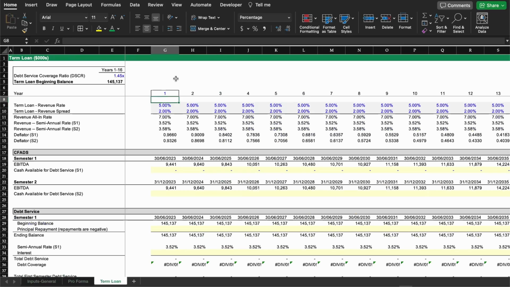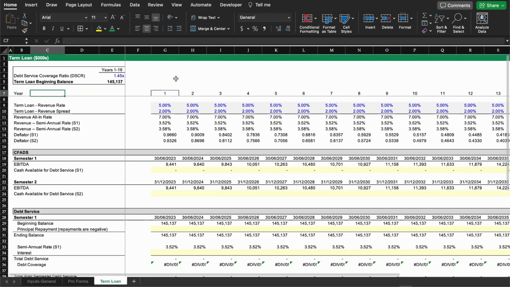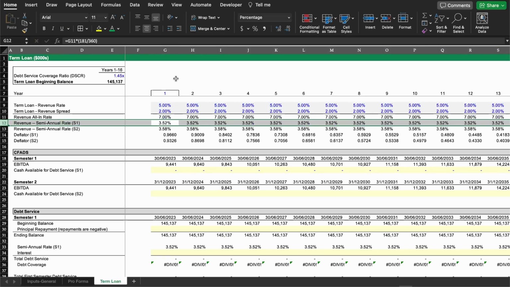What do we have here? We have some periods. We have 16 periods, okay. Then we have the risk-free rate plus the spread. So the all-in rate should be 7%. That's fine. We are calculating semi-annual rates.